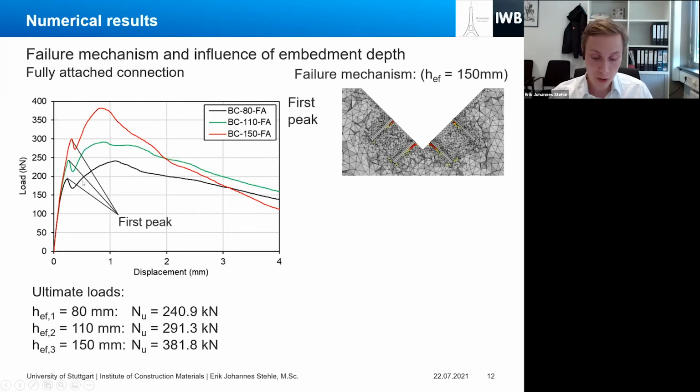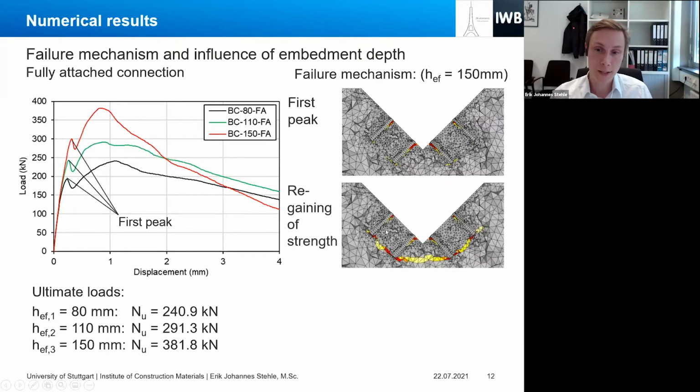At the first peak, we also see the first initial circumferential cracks that occur at the tips of the embedded ends of the anchors. After we reach the first peak, there is a drop in the load. While the load is dropping, the cracks between the anchors start to propagate towards each other. And at the lowest point here, we could see that the cracks have merged basically.